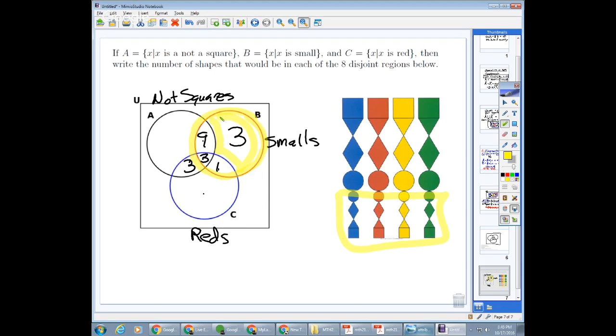Those 3 pieces are small, right? But they're outside the not square region, so they must be squares, and they're outside the red region, so they must not be red. Okay, so I need to find pieces that are small, they're not squares. Well, they are, yeah, not squares. So they are squares, and they're not red.